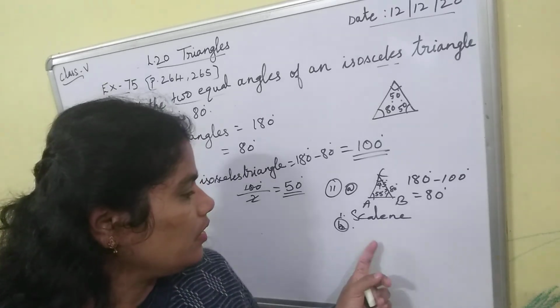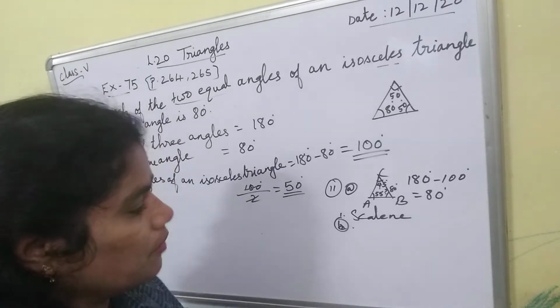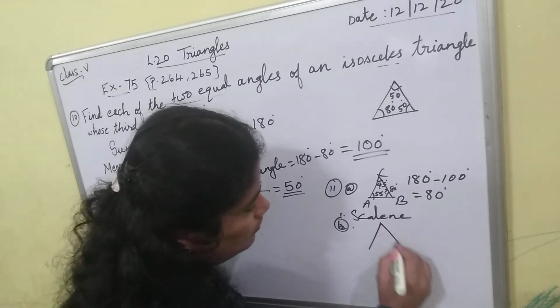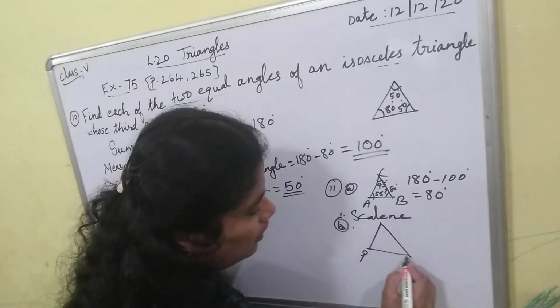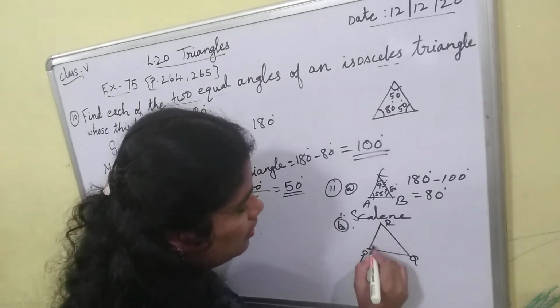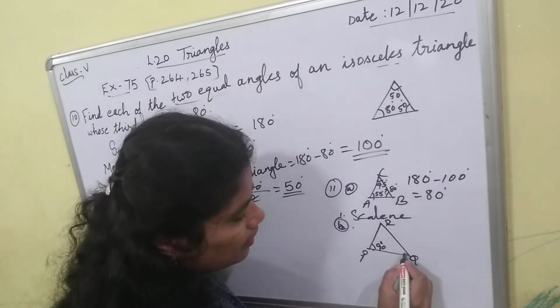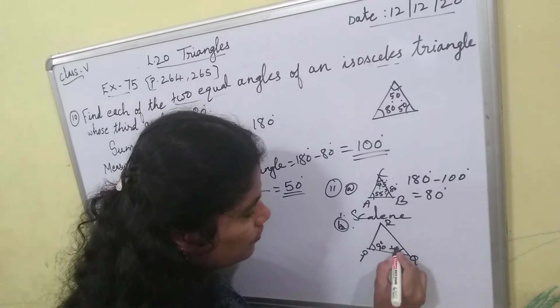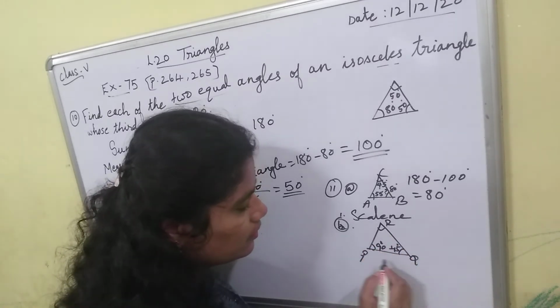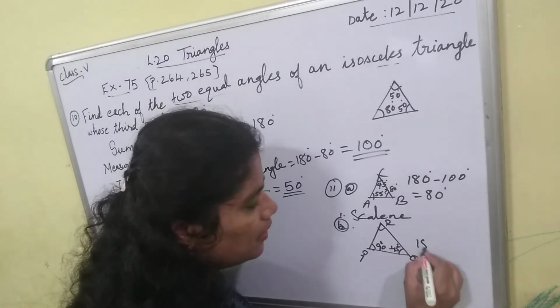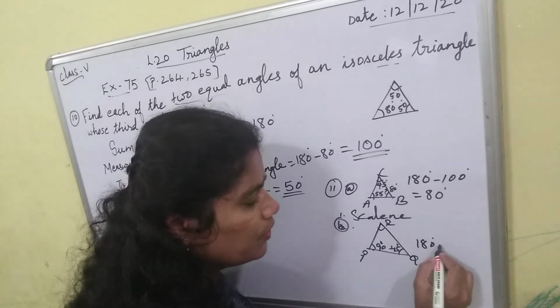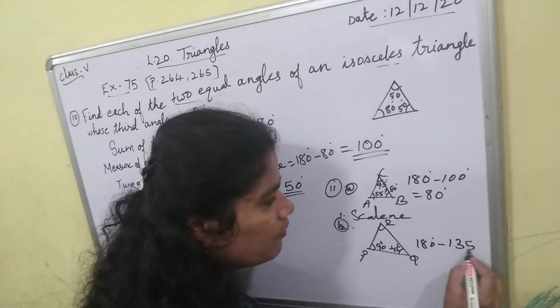Sorry, here what I told. P, Q, R, angle P is 90 degrees, here 45 degrees. Then what will be the third angle? 180, here 90 plus 45 is 135.